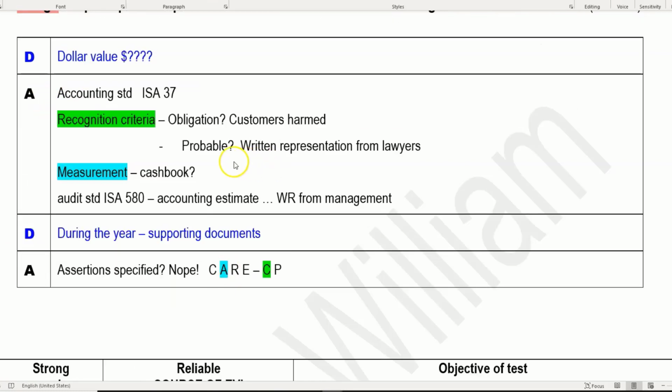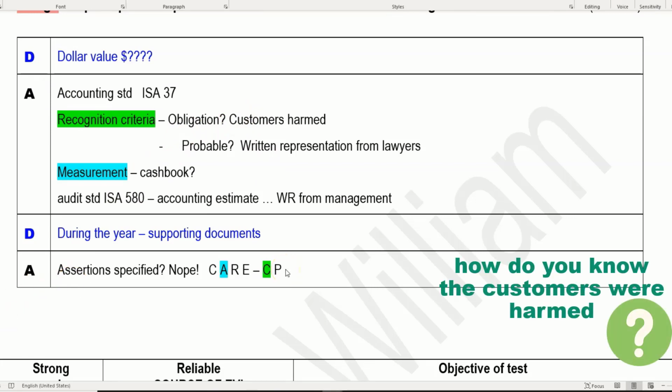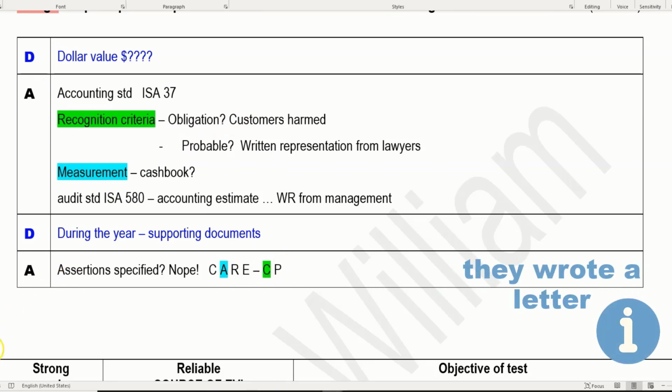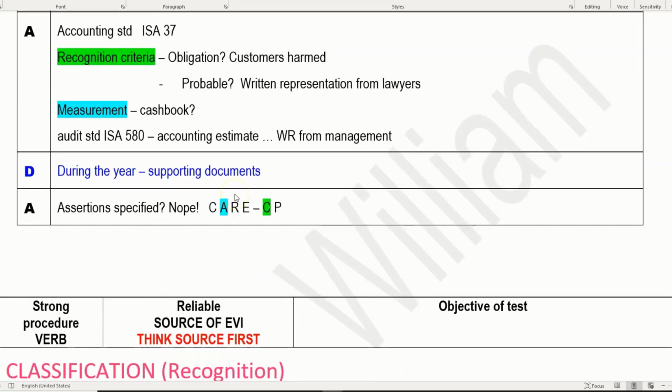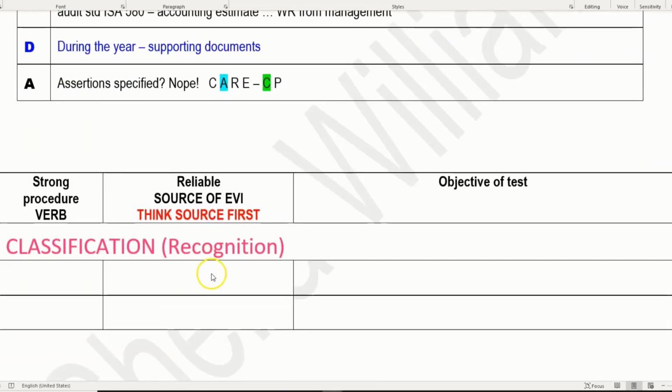Now, do you remember in our plan, we talked about the customers being harmed? How do you know the customers were harmed? They wrote a letter, right? So we're going to use that first. That is a very strong source of evidence to find out whether the hotel has actually harmed someone. The correspondence from the claimant.